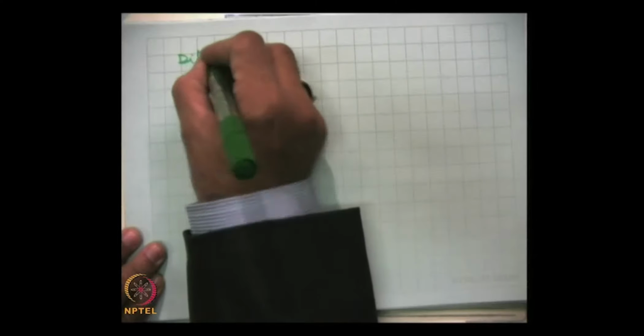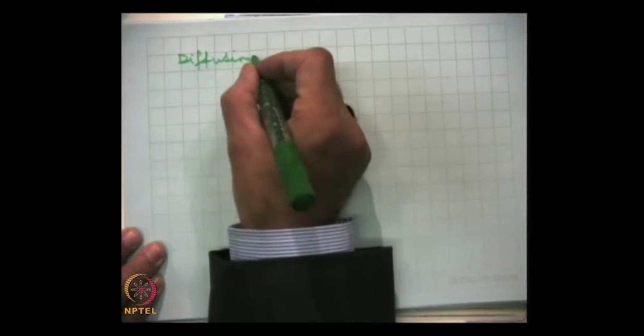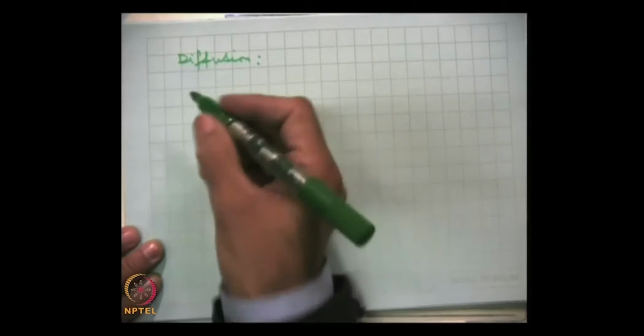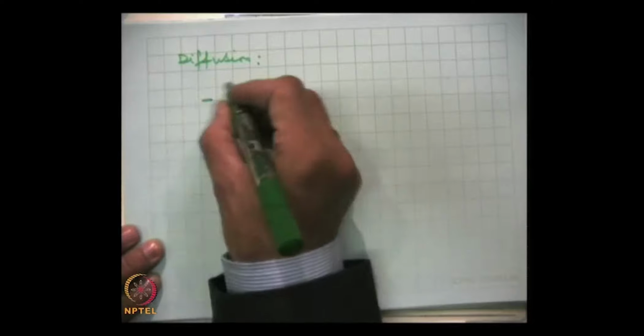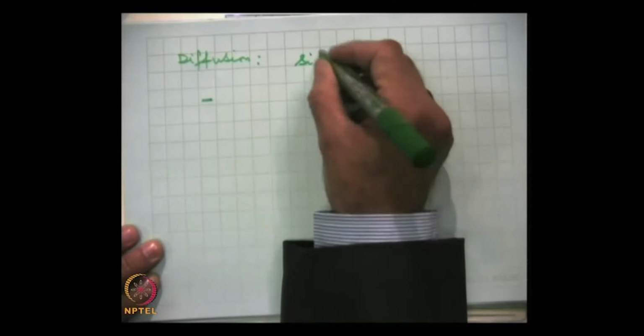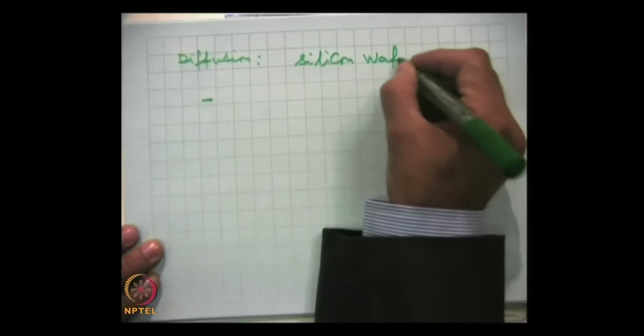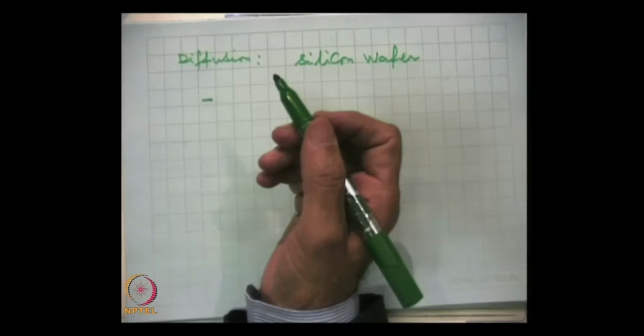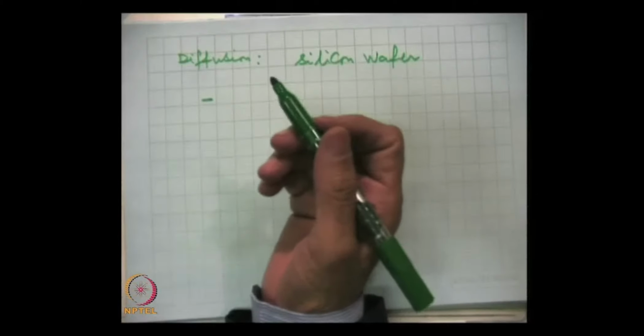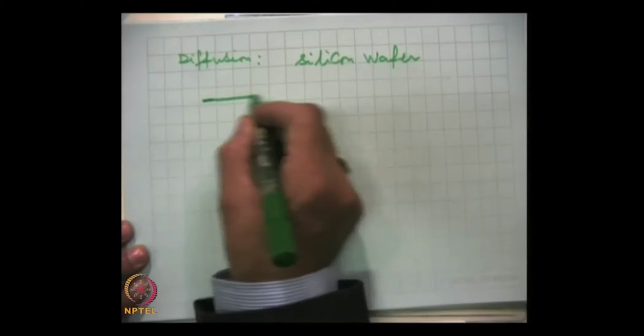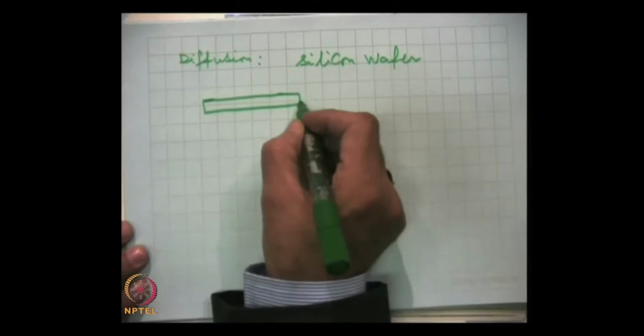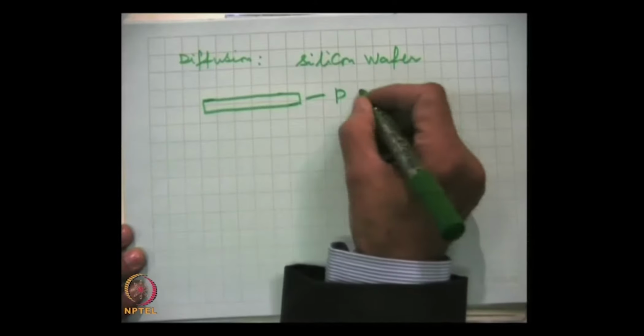The other process is diffusion. Again the starting point is a silicon wafer, which may have a diameter varying from 2 inches, 3 inches, 4 inches, and even 6 inch wafers are widely used, and if we want to make an NPN transistor, then this will be P type silicon.